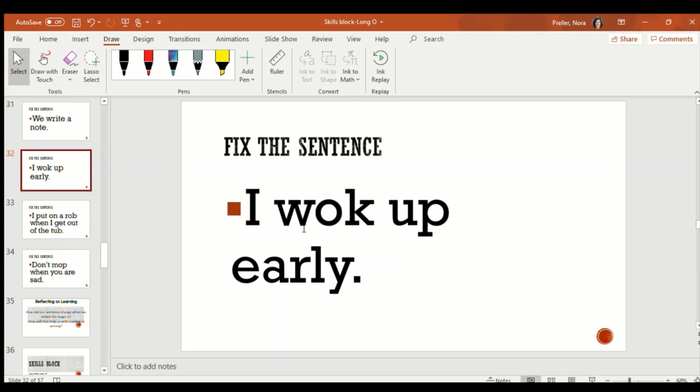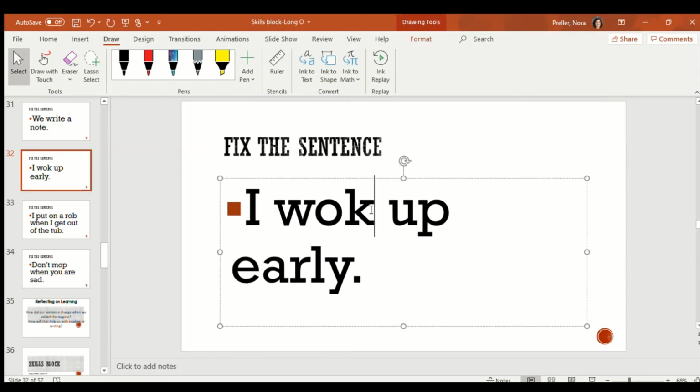Like you get out of bed, you wake up. What's going to make walk say woke? That's right, the bossy E, because now we're going to say woke. I woke up early. See how our sentence changes when we add that bossy E? It totally changes the sounds in the word.